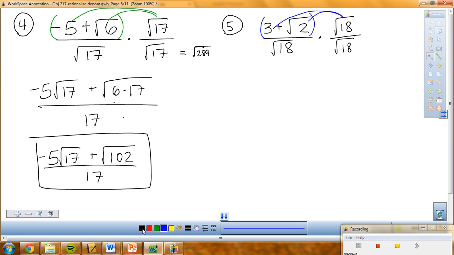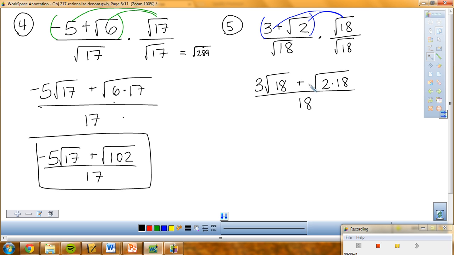So let's go ahead and start simplifying this. 3 stays on the outside, radical 18 stays inside, plus nothing on the outside, but on the inside it's 2 times 18, and square root of 18 times square root of 18 is just going to give us our 18.